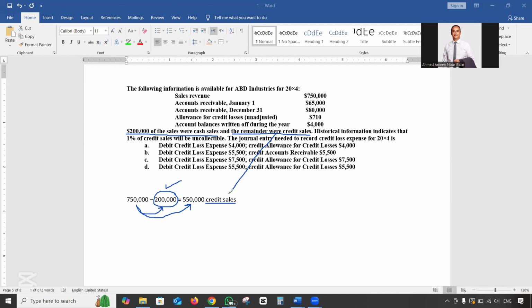He is mentioning here the credit sales, which is 550,000. Historical information, meaning past experience, tells us that 1% of credit sales will be uncollectible, meaning we will not be able to collect those amounts.